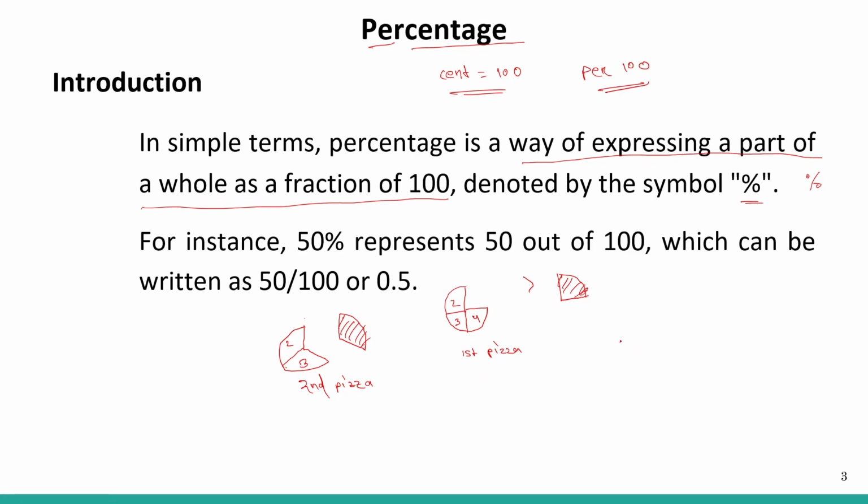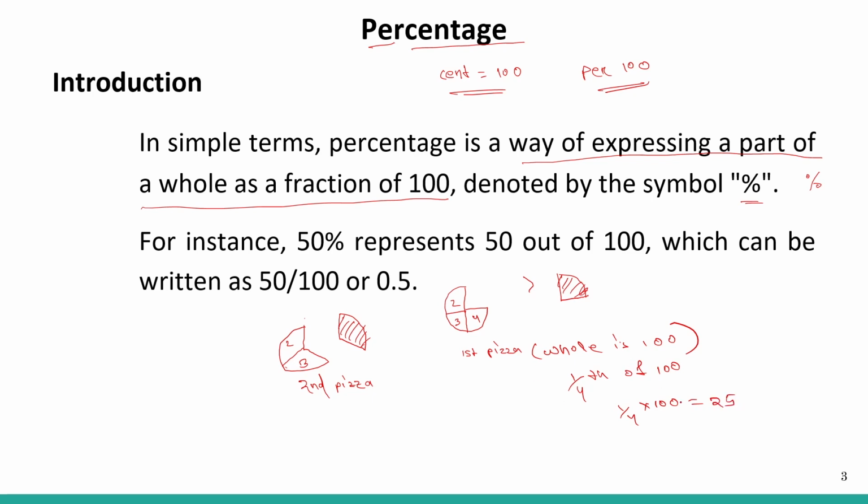So whole is equal to first pizza, whole is 100, right? And what you took was 1 by 4th of 100. So what is 1 by 4th of 100? 1 by 4 into 100, right? So this is equal to nothing but 25.